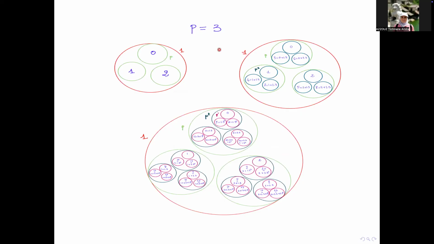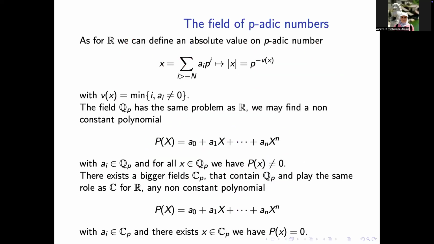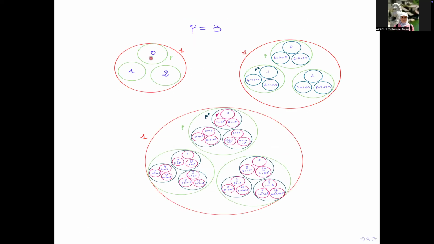Then, for example, if we take p to be the prime number 3, then in Q3, if you look at the unit disk, it is just a disjoint union of 3 smaller disks.